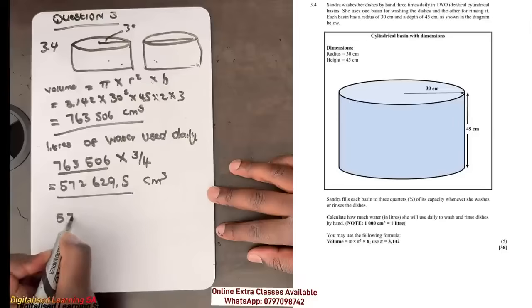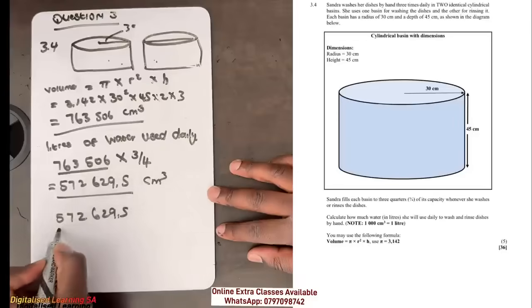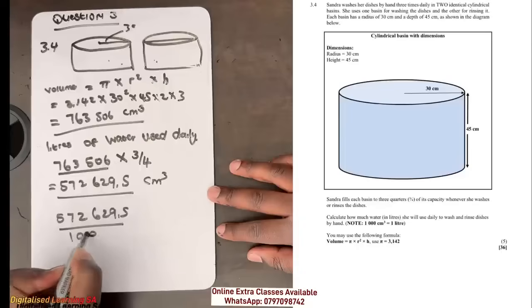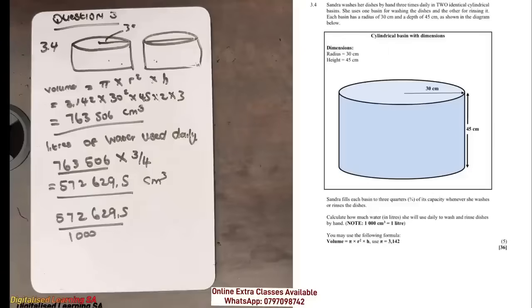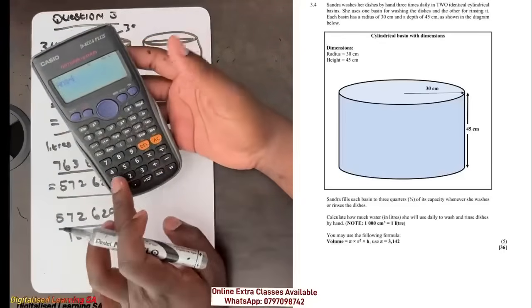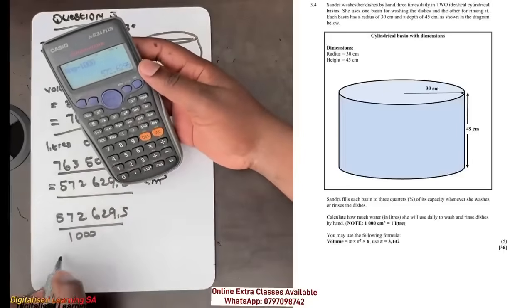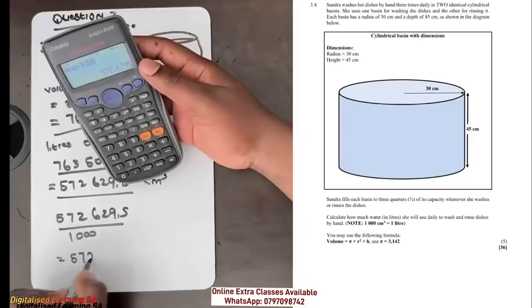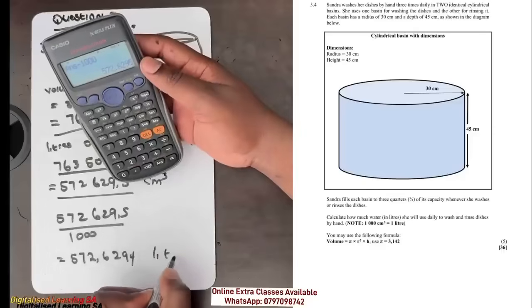So 572,629.5 divided by 1000, because we are told that 1 liter is equal to 1000 centimeter cube. Our liters will be 572.6294 liters.